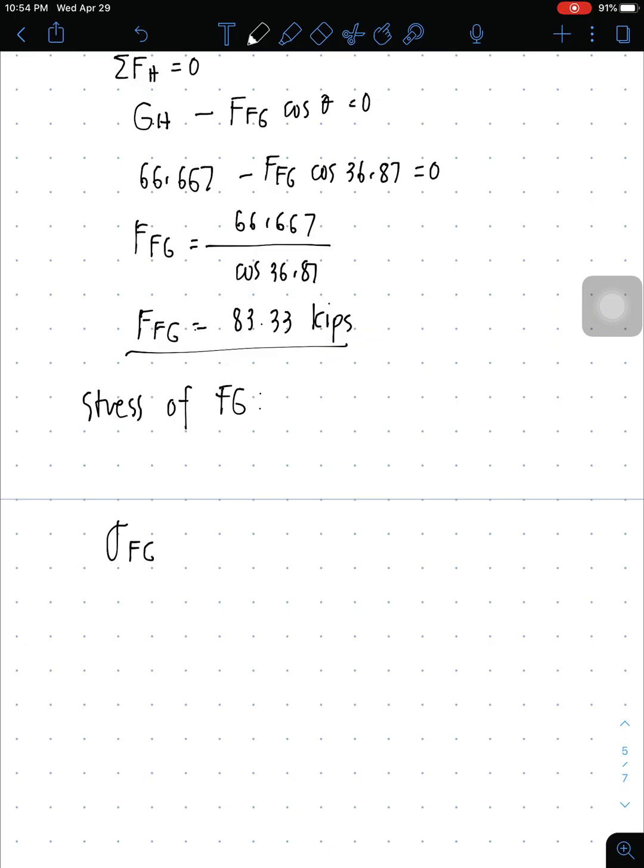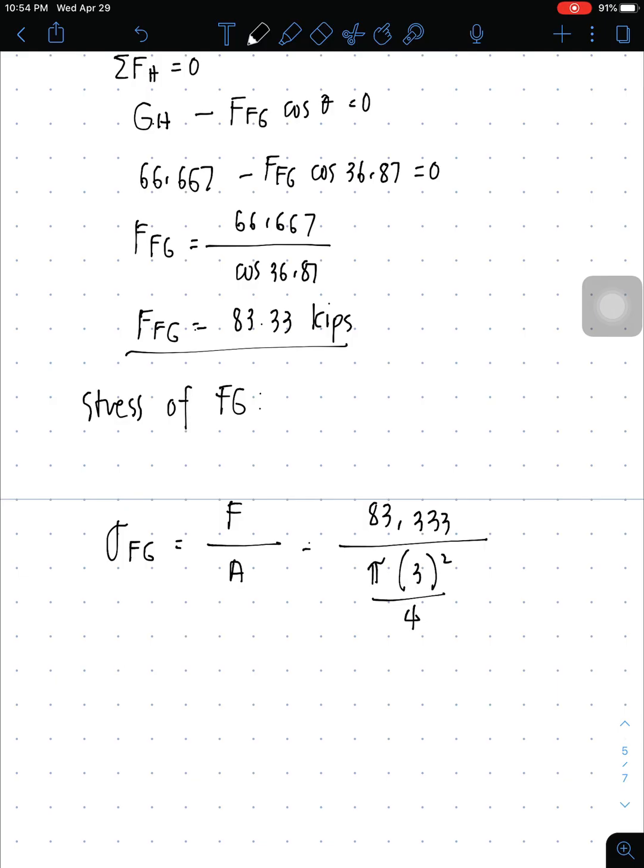So for stress of FG, it's equal to force over area, and that's equal to 83.333 over pi area. The diameter is 3 square over 4.